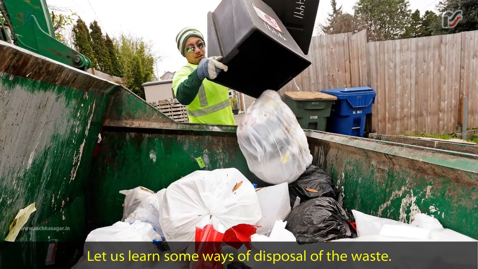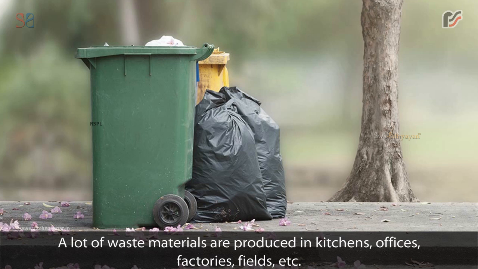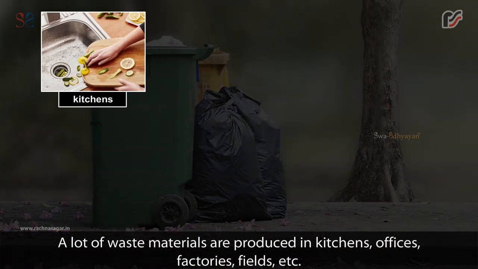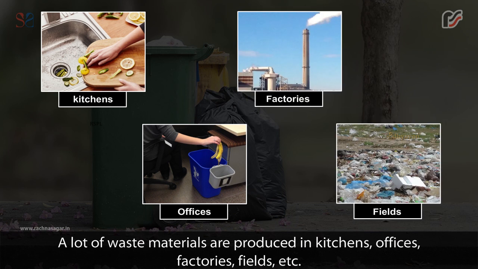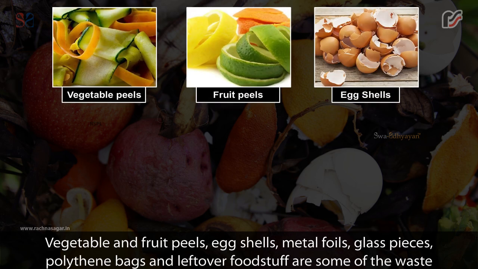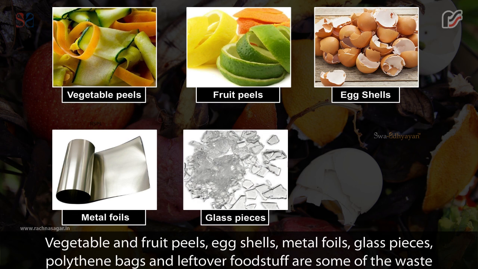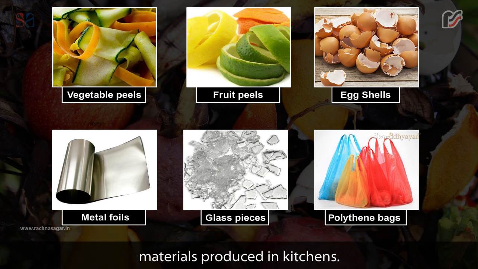Let us learn some ways of disposal of the waste. A lot of waste materials are produced in kitchens, offices, factories, fields, etc. Vegetable and fruit peels, eggshells, metal foils, glass pieces, polythene bags, and leftover foodstuff are some of the waste materials produced in kitchens.